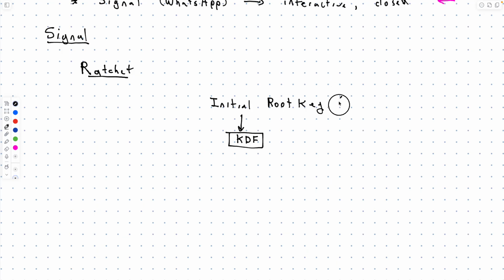And the value that we get, I'll call it RK0, we get through doing Diffie-Hellman. So Alice and Bob just do Diffie-Hellman. They get a shared secret key. And they end up with a normal root key.